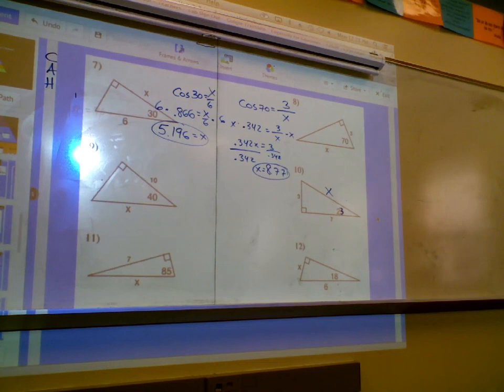Can't you do a squared? You could, but I want you to practice cosine. If I told you to find x, you would do a squared plus b squared equals c squared. But I want you to try cosine.